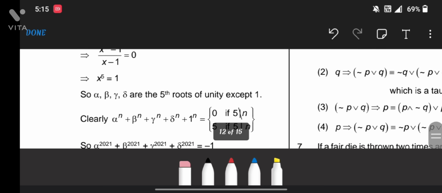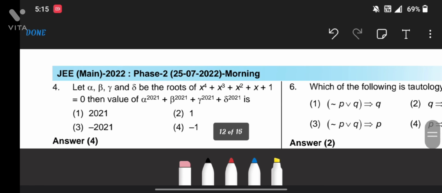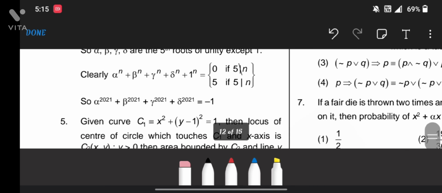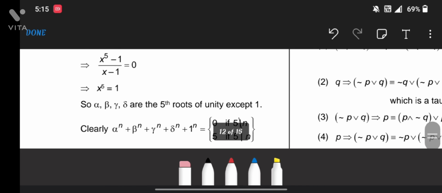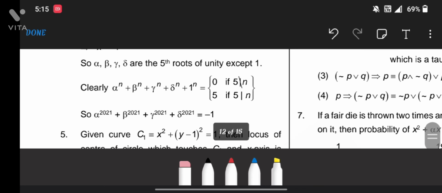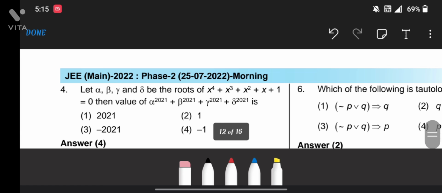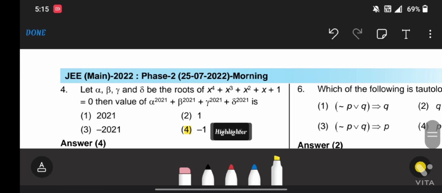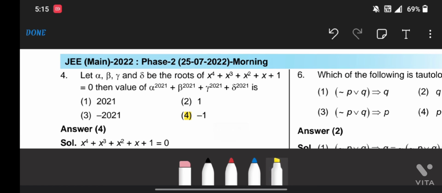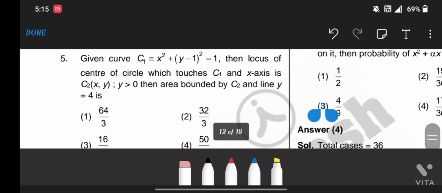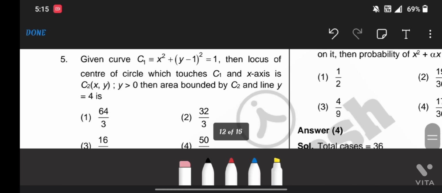As it touches the given circle x square plus (y minus 1) whole square is equal to 1, we have d(C1, C2) is equal to r1 plus r2, root of a square plus (b minus 1) whole square is equal to b plus 1. Therefore a square is equal to 4b. So C2(x, y) is x square is equal to 4y, the required area.